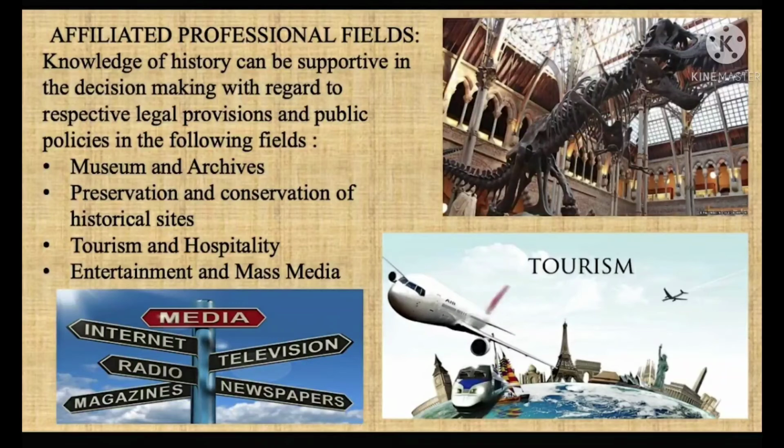These children, of course, the experts make sure that no damage or harm is done to certain documents and historical sites. The third is tourism and hospitality. Now, of course, you all know tourism, that is when people come from various countries to see various historical sites in our country.